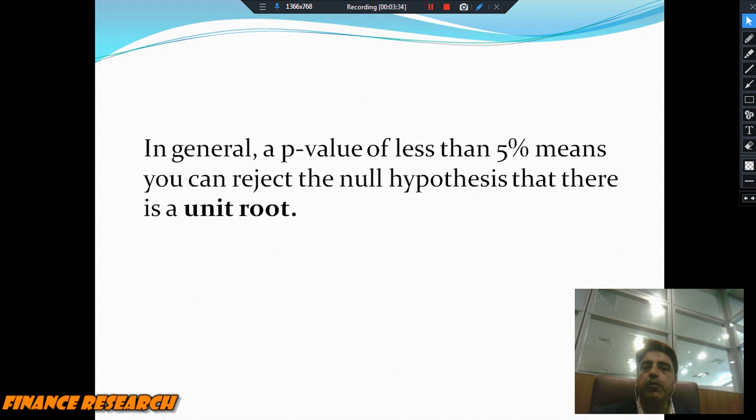So we will here take a look, in general, at a p-value. For example, you have applied the unit root test, and unit root tests are conducted on the basis of the ADF.